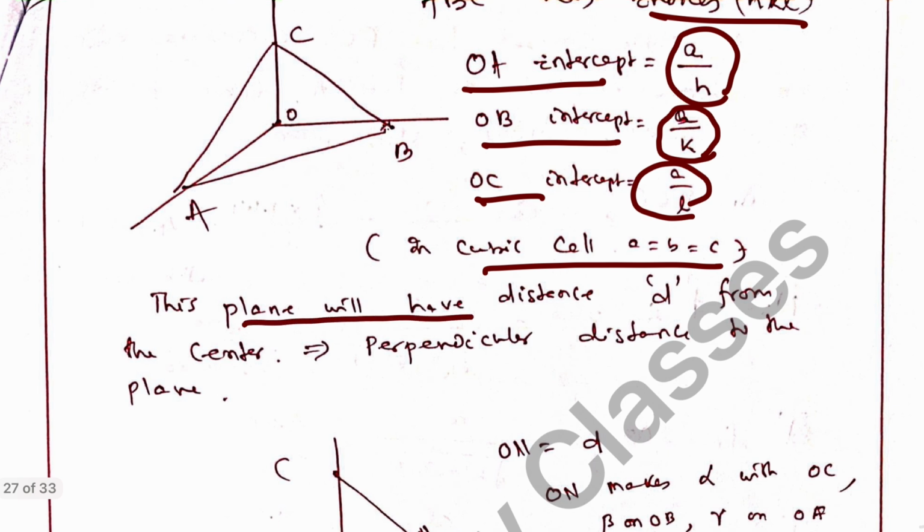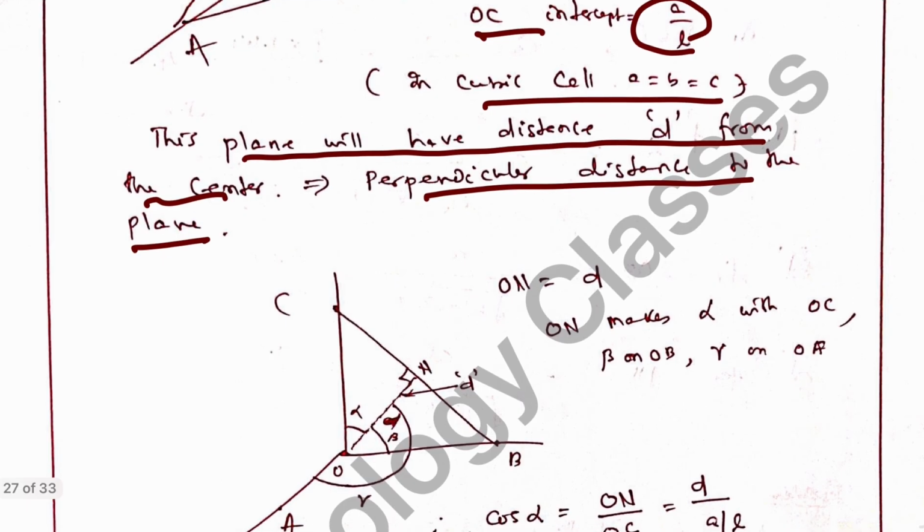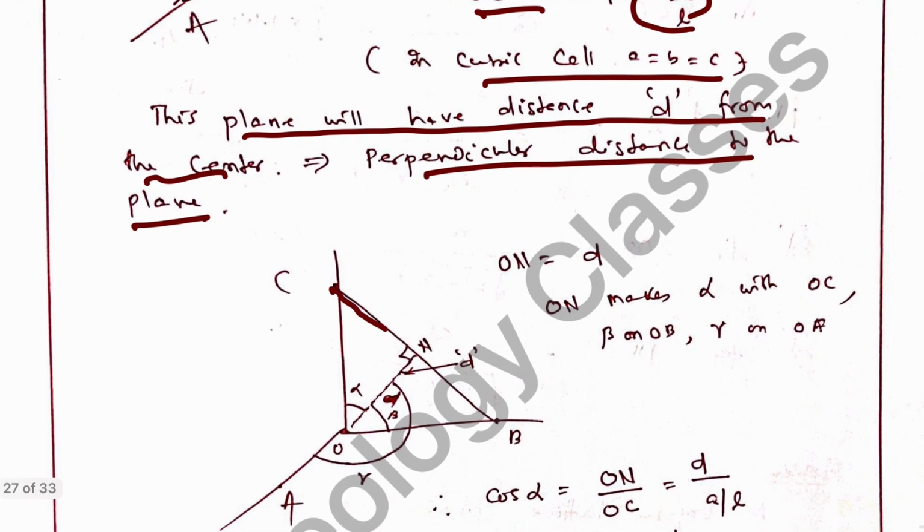So this plane will have distance D from the center, the perpendicular distance of the plane from the center. Let us say this is the plane. This is the plane of the face. This is the perpendicular distance.